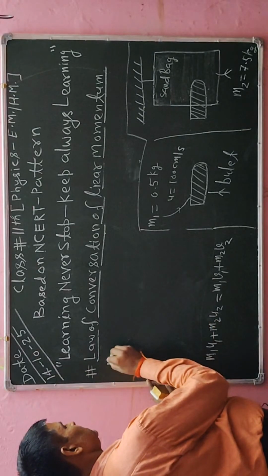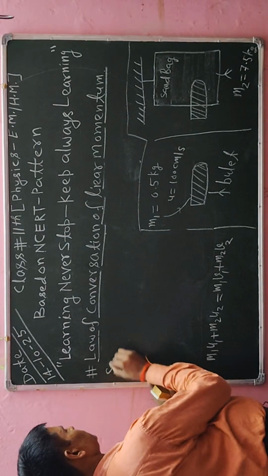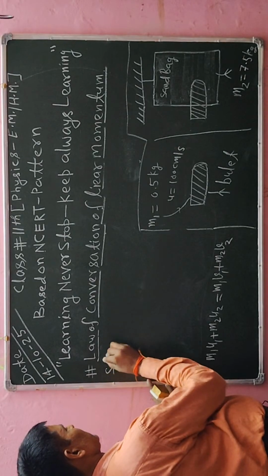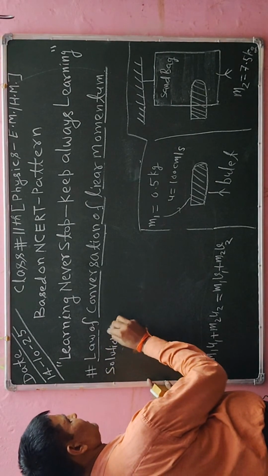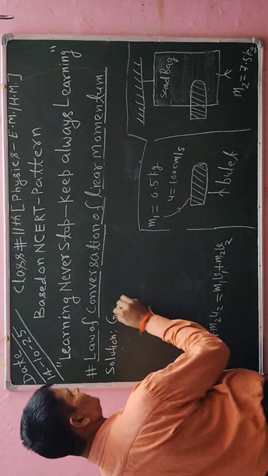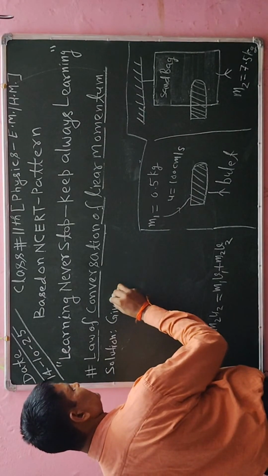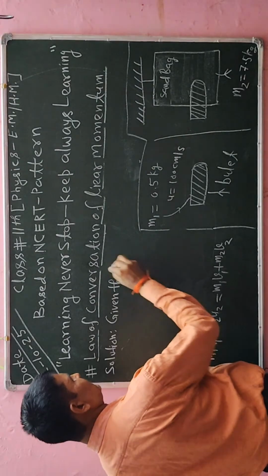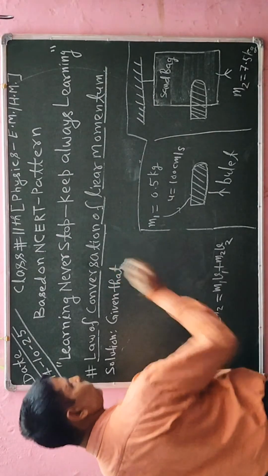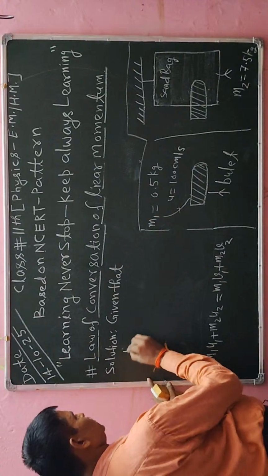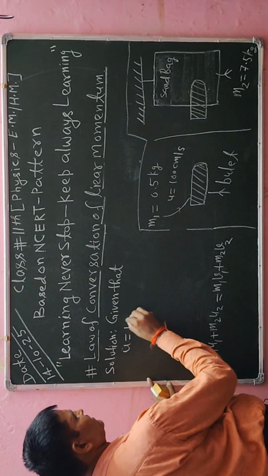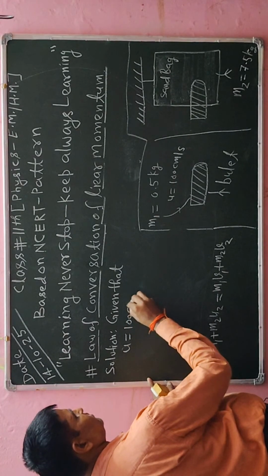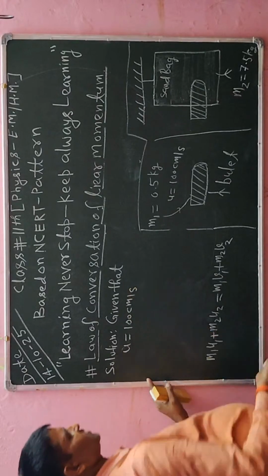So I will write here the solution, and after writing the solution I will write here what information is given. So given that u is equal to 100 centimeter per second. 100 centimeter per second is given.